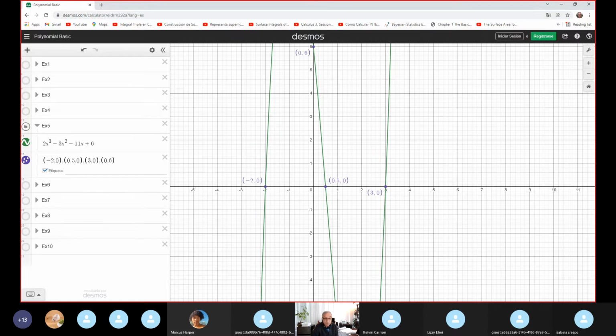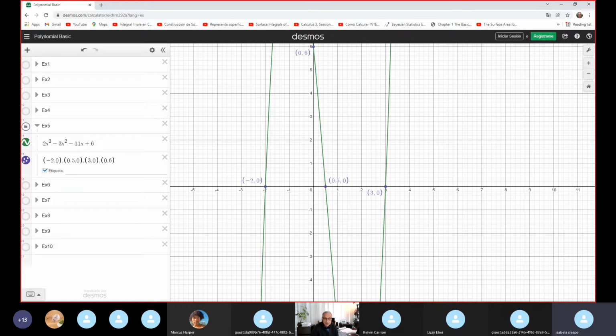So I go directly to the piece of paper and I try several synthetic divisions using these values. Let's do it. I copy 2, -3, -11, and 6. It doesn't matter the order. Suppose I select 3.